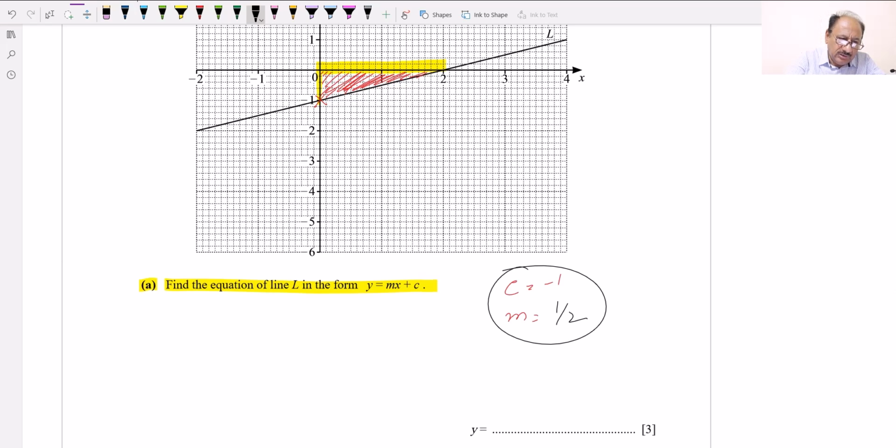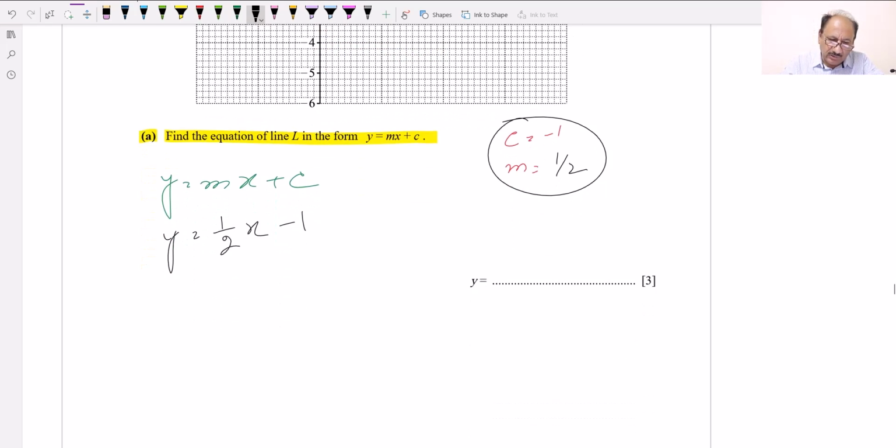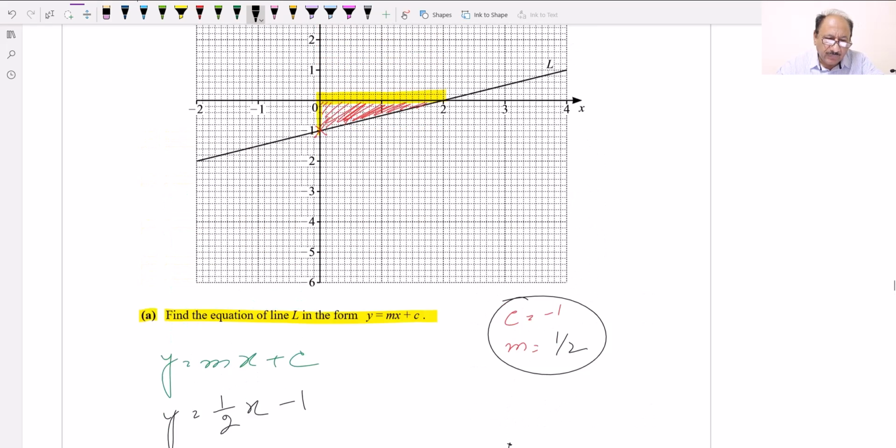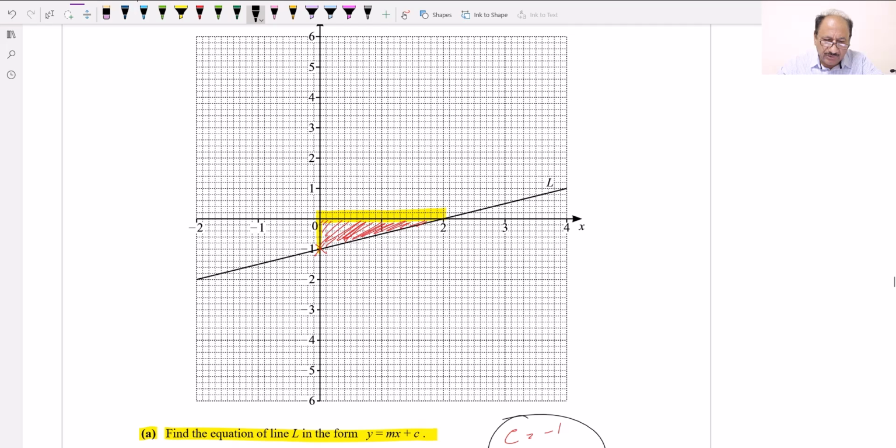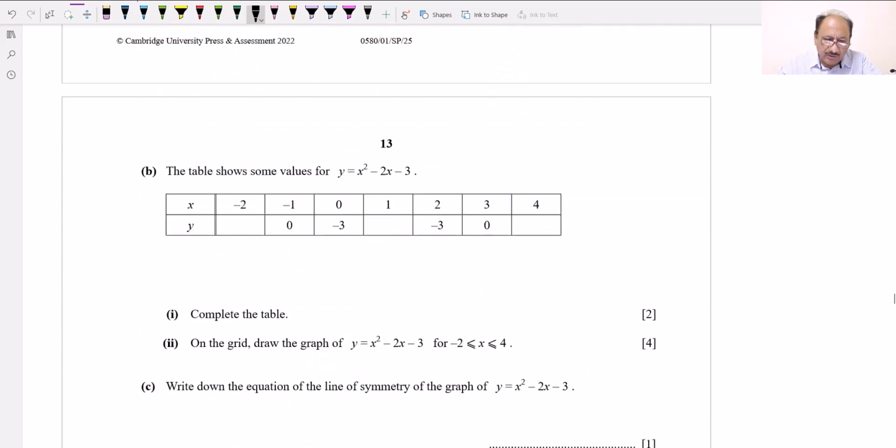The equation is y is equal to mx plus c, so m is 1 by 2x, and the c value is -1. This will be our final answer: y is equal to 1 by 2x minus 1. The y-intercept is -1. So the 3 mark question is done.